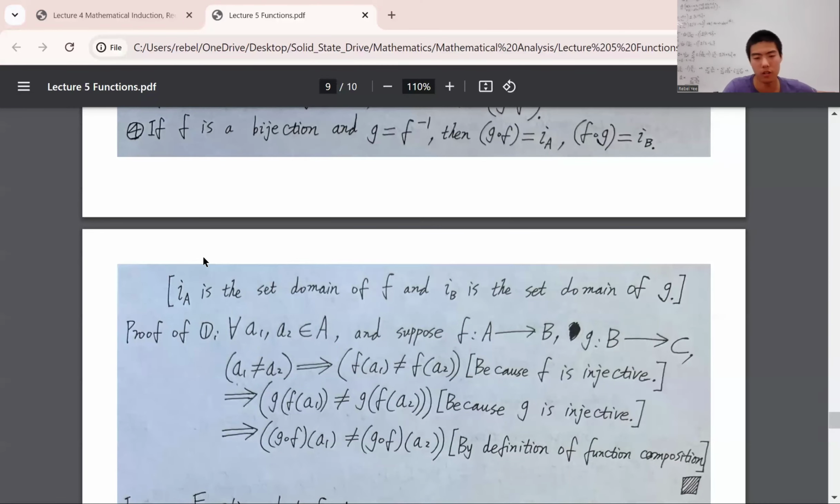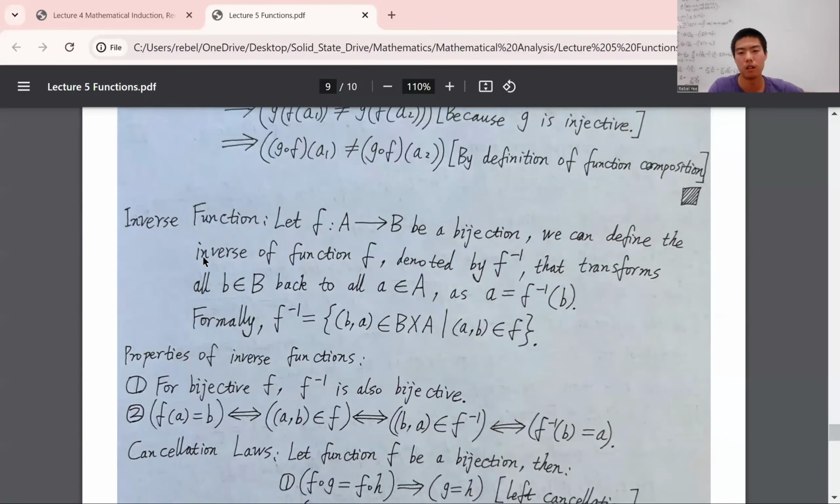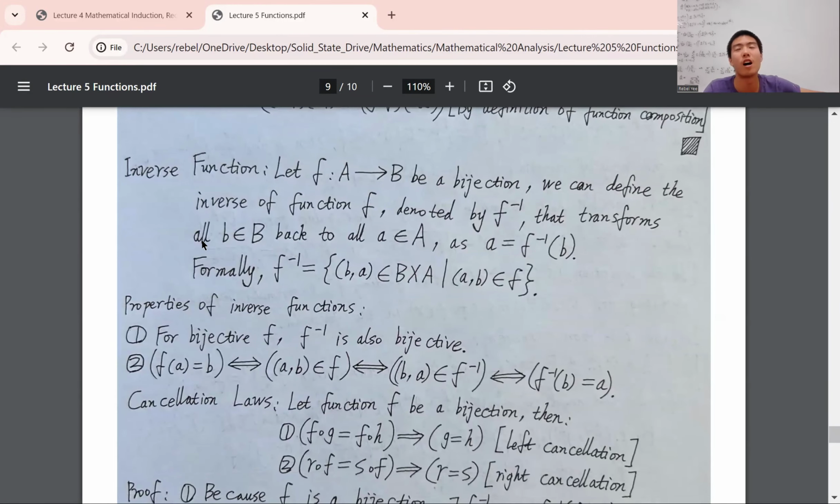The next very interesting property we'll talk about is the inverse function. The inverse function is only defined when the function is bijective. So let f: A→B be a bijection. We can define the inverse of the bijective function f, which is f⁻¹. This means that all the elements in set B backtrack to A as the original.